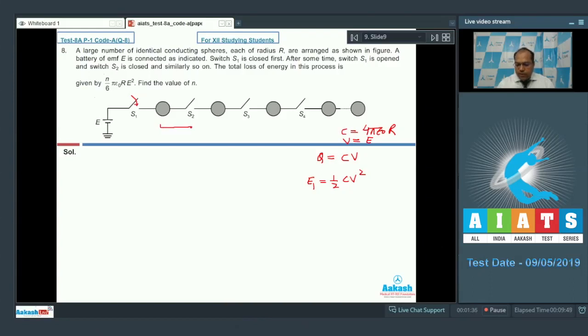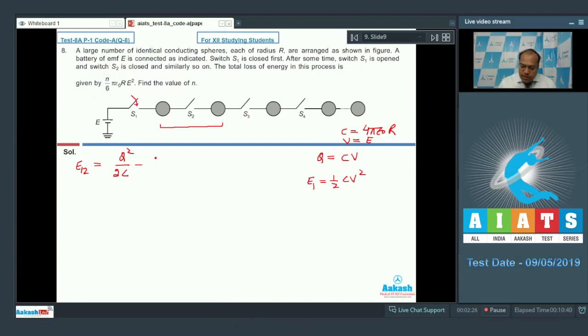Now, when the switch S2 is closed and S1 is opened, the charge gets distributed between conductor 1 and 2. In that case, the energy loss E12 can be written as the initial potential energy, that is Q square by 2C, minus the final potential energy of the system. The final potential energy can be written as 1 by 2 (Q by 2) whole square by C plus 1 by 2 (Q by 2) whole square by C, since the capacitance is the same for both conductors, so the charge will get equally distributed.